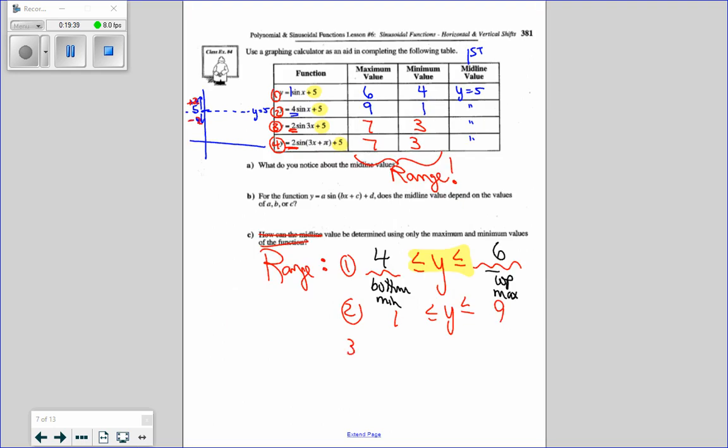For the third and fourth one, it's all the y's from 3 to 7. Yes, the order of the numbers matters. It's always bottom to top. So it's all the y's bigger than the bottom, but smaller than the top.